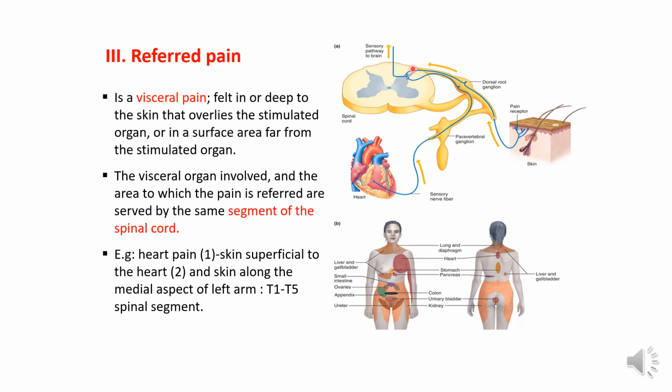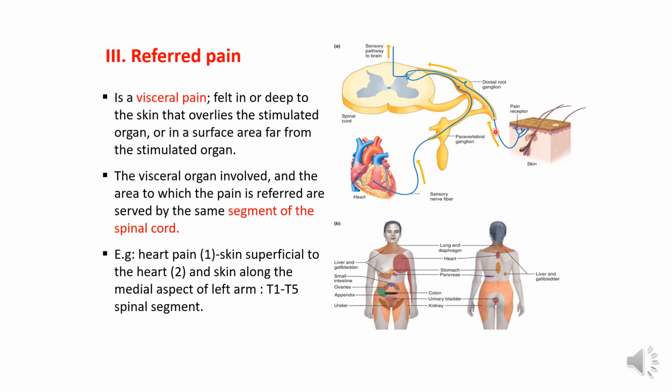They are converging or meeting at the same segments of the spinal cord. And when this segment of the spinal cord sends the sensory information to the cerebral cortex, the cerebral cortex is usually accustomed to receive sensation from the skin, so the cerebral cortex is going to project the sensation as if it is coming from the skin. That is the principle of referred pain.